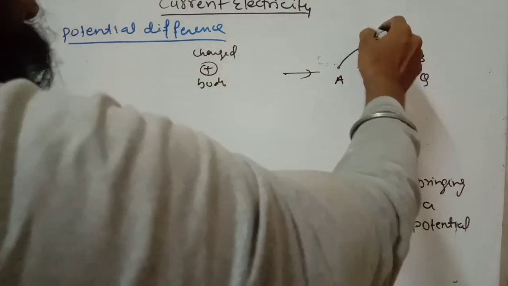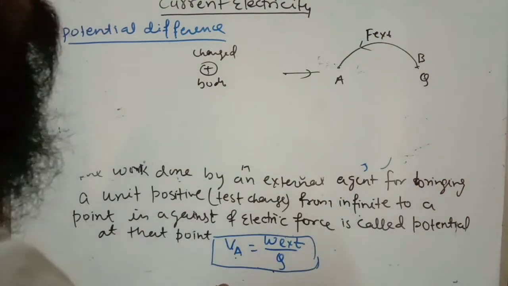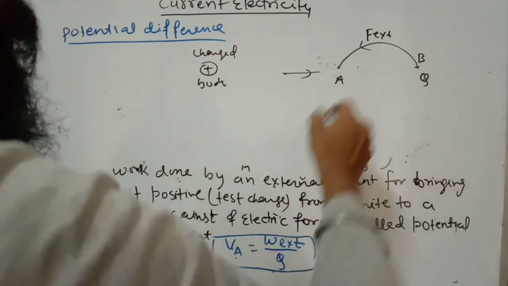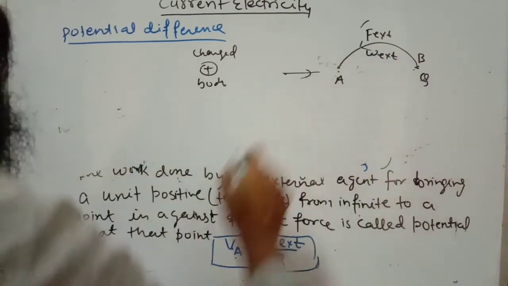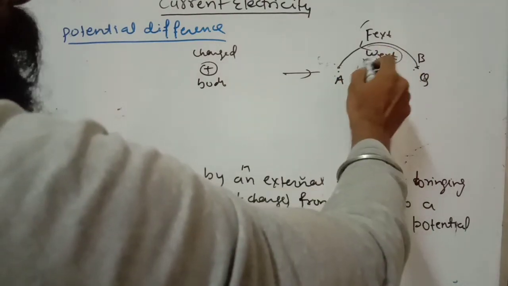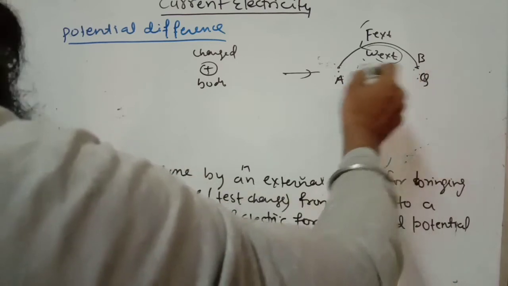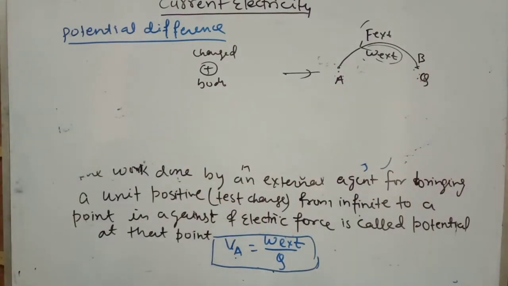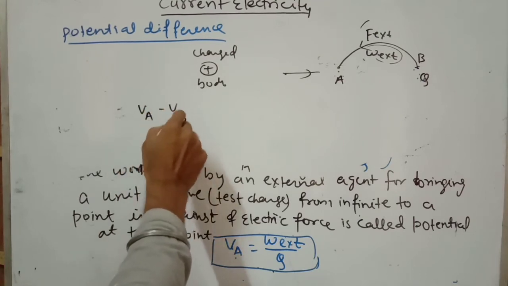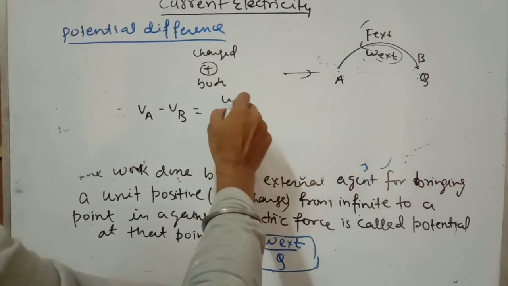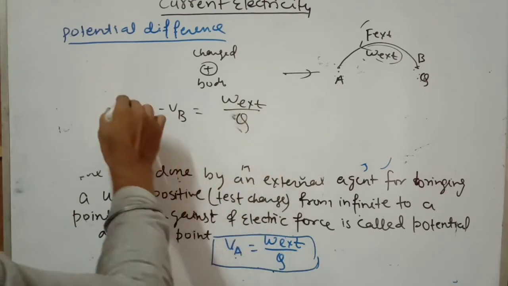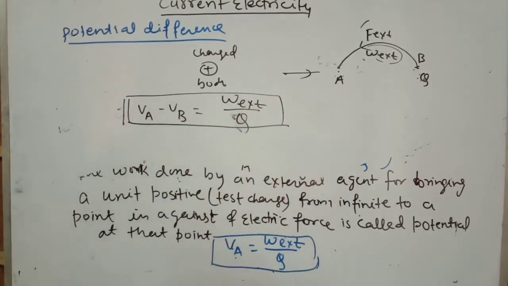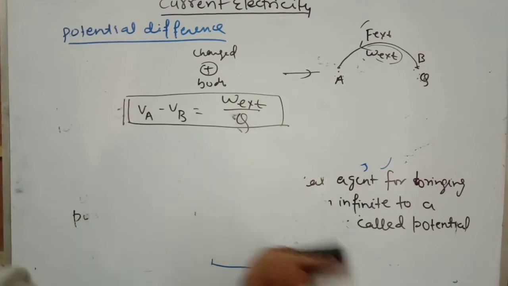So there must be an external force that causes it to move from B to A, and obviously there is work done by the external agent in bringing the charge from B to A. This work done by the external agent per unit charge is called the potential difference between B and A. So you can write V_A minus V_B equal to the work done by the external agent divided by Q. This is the definition of the work done by an external agent.